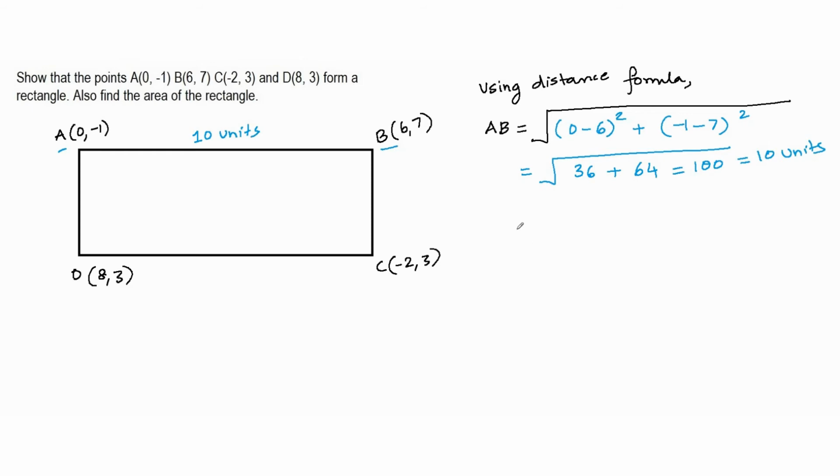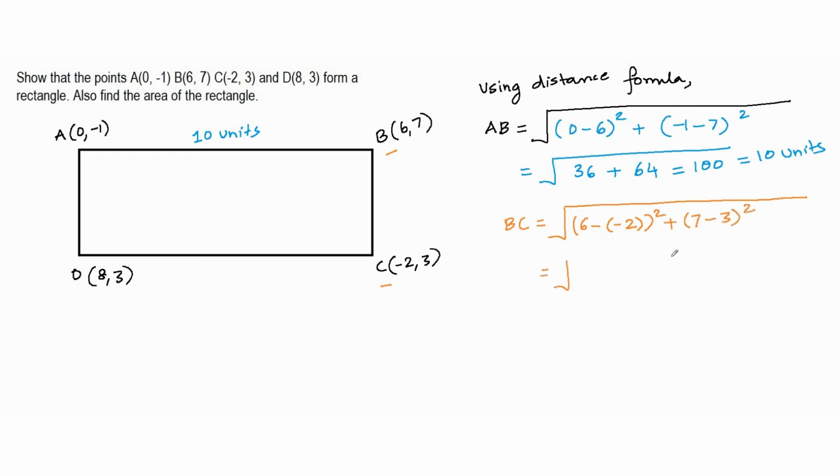Now let me find the length of BC. So to find the length of BC, I should now make use of coordinates of B and C, right? So let us consider the coordinates of B and C. So the difference in their x coordinates would be 6 minus of -2, 6 minus of -2 the whole square, plus 7 minus 3 the whole square.